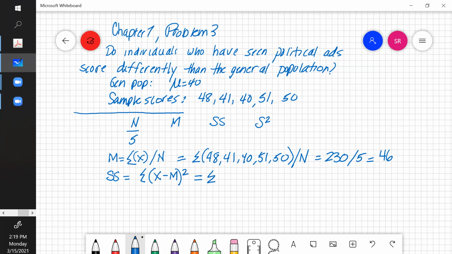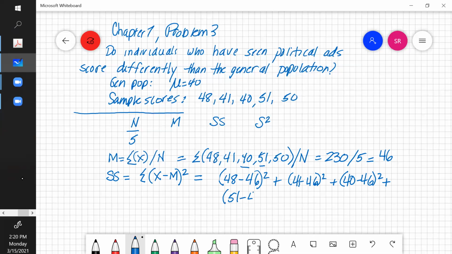So that equals the sum of 48, I say 48 because that's the first value, minus 46, because that's the mean, squared, plus 41 minus 46 squared, plus 40 minus 46 squared, plus 51 minus 46 squared, plus, and the last value is 50, 50 minus 46 squared.